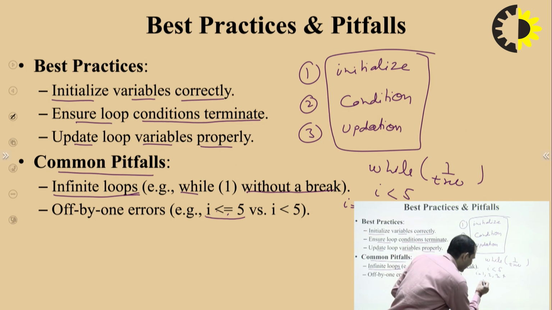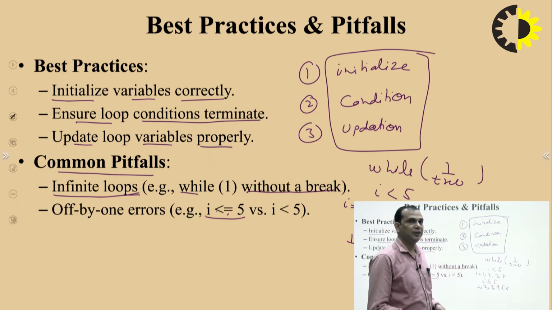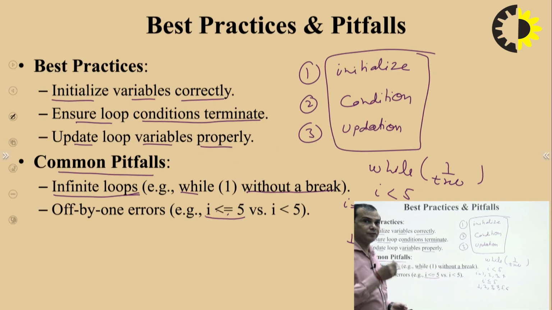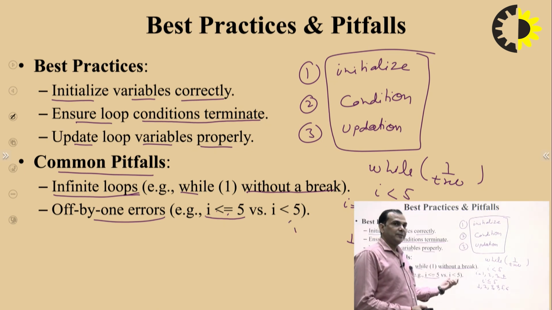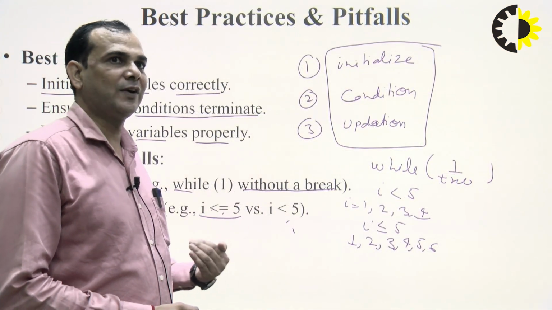But if we use i <= 5, it will execute for i = 1, 2, 3, 4, 5 and then i = 6 is checked. So in the previous case i < 5, it executes till 4. This is a main common error when we write code. Sometimes we use i < 5 instead of i <= 5, so it will execute at least one time less.